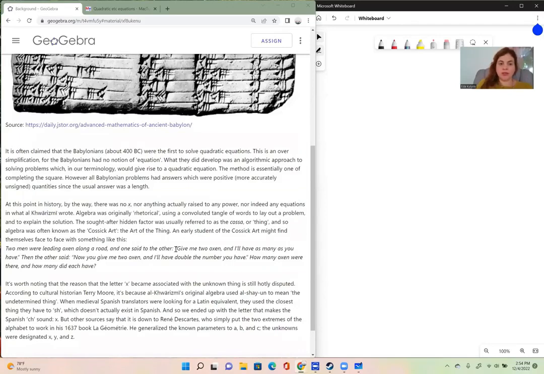It was more just wording describing how to do the method, which I think is really interesting that they were able to share this without a variable and have other people be able to replicate it.